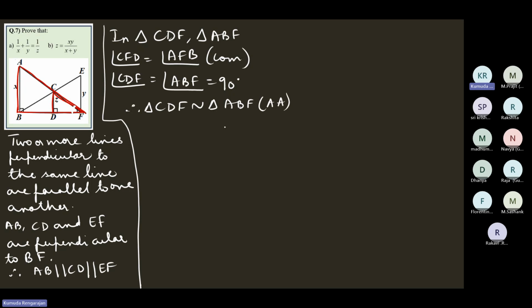So the triangles are similar. Let's write the ratio of the corresponding sides. CD by AB equals DF by BF equals CF by AF.